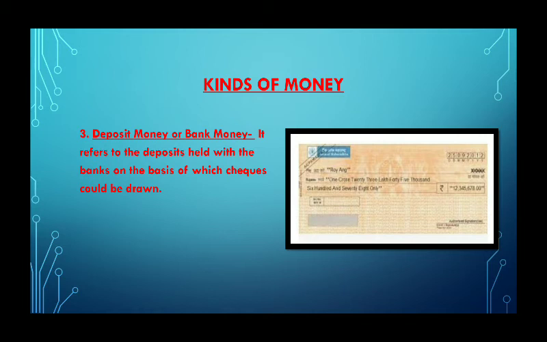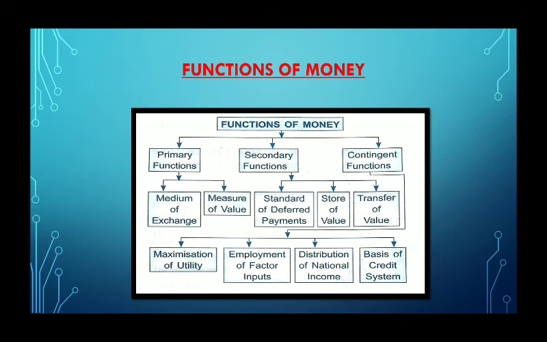Moving to our next part, which is the most important portion of this chapter, functions of money. Functions of money we can broadly classify into three categories: primary function, secondary function, and contingent function. Primary functions are those which are fundamental and essential, and these functions must be performed by money in every economy under all circumstances.